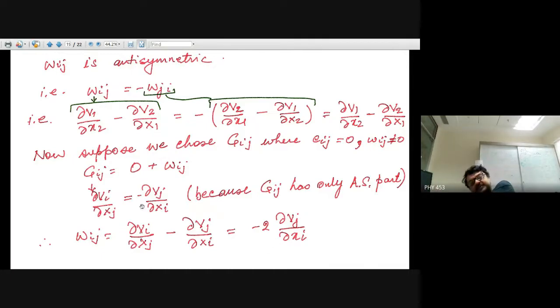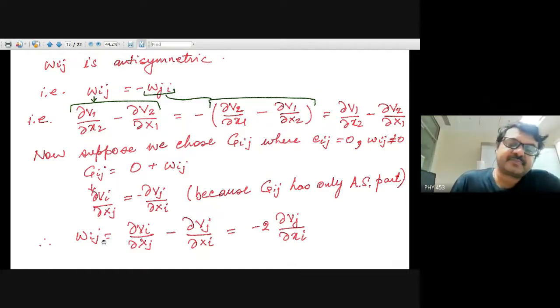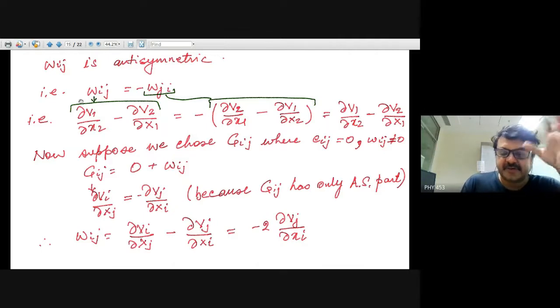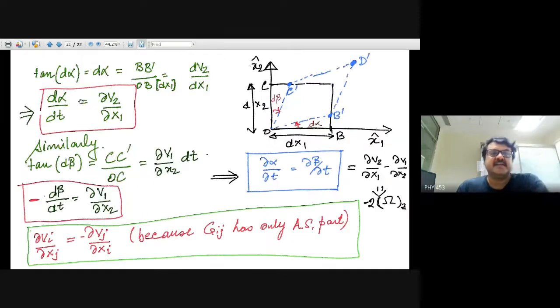So that will be the value of Wij, right? Using the antisymmetric property of the flow field, assuming you have only the antisymmetric component of Gij.